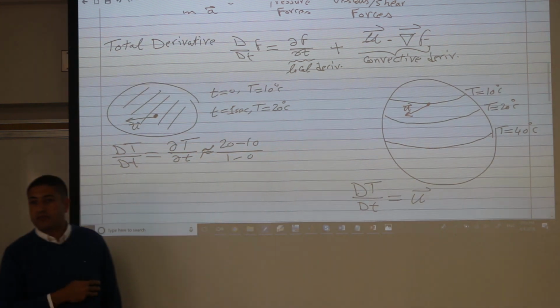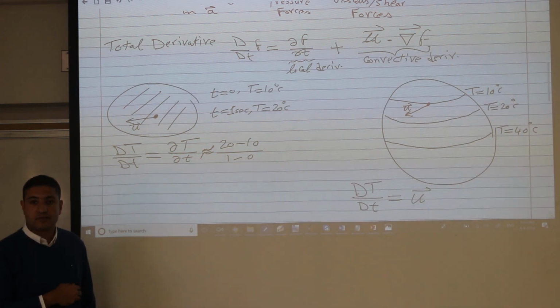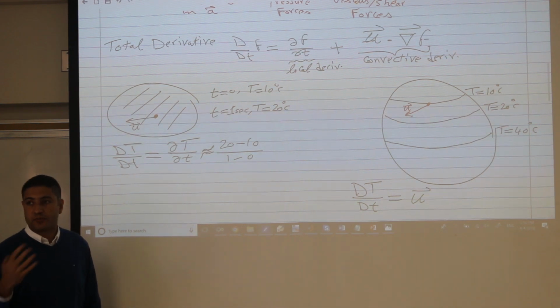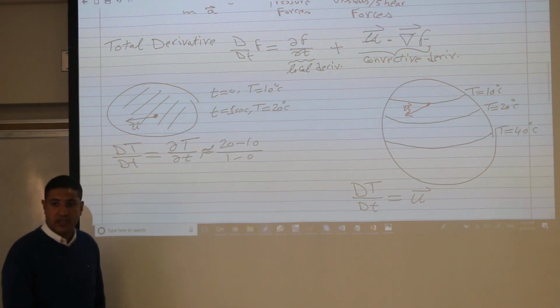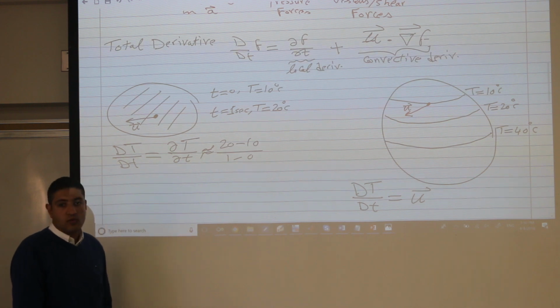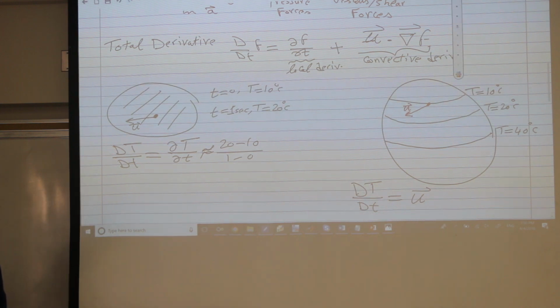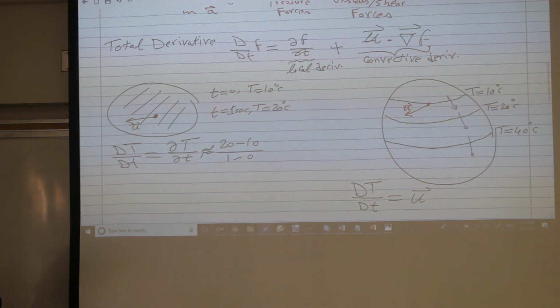Okay, can you tell me about the direction of the temperature change? If you have any scalar field, any scalar quantity, temperature, pressure, density, whatever, any scalar quantity f, what's the direction of its change? The gradient, exactly. So the gradient by definition is perpendicular to these lines. Okay?